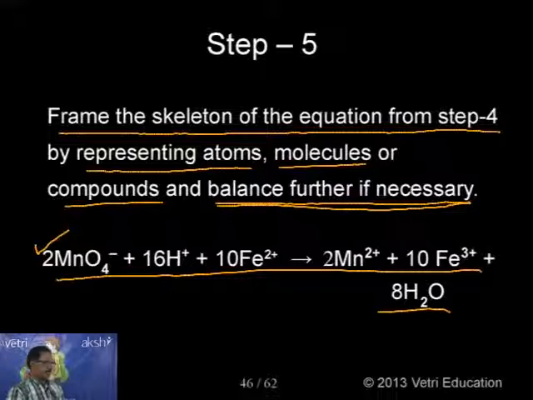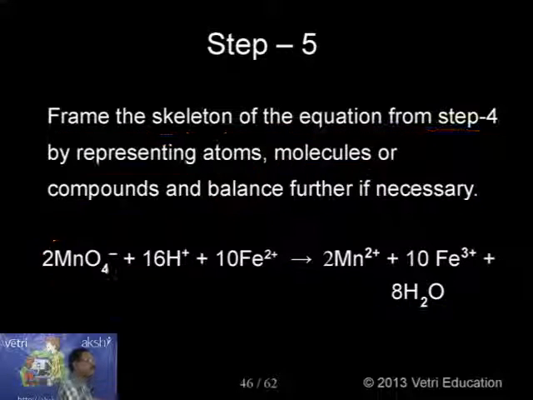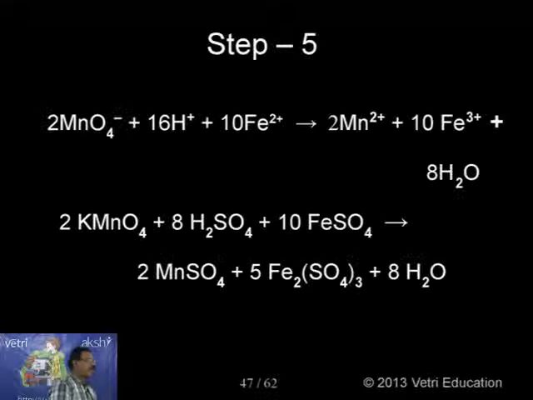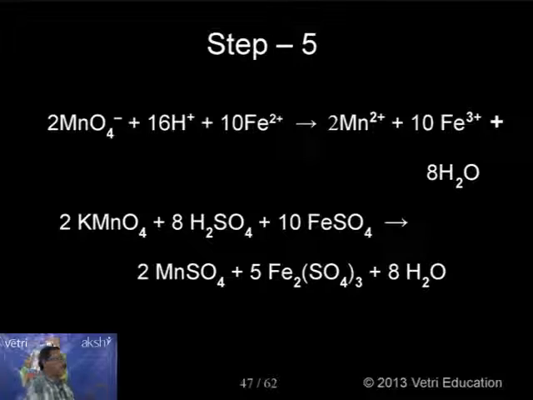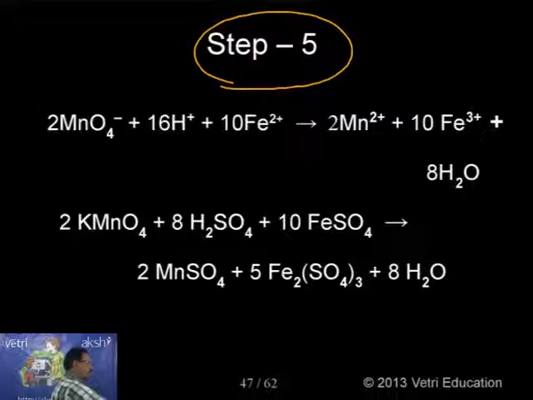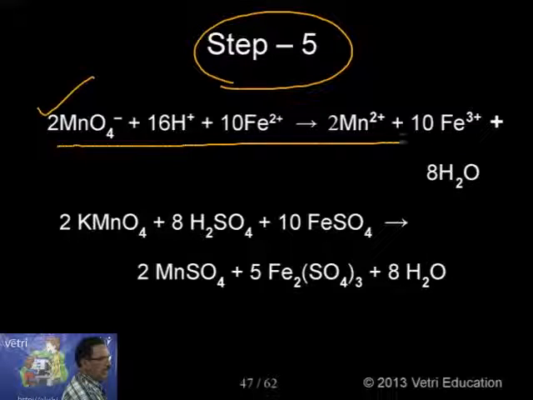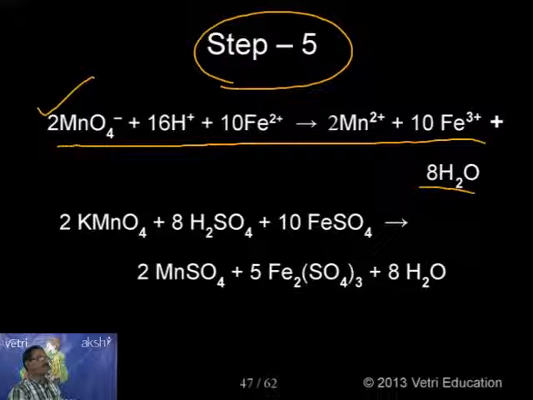Let me explain here. Let me take this same ionic equation, which is the equation I showed previously. Using this ionic equation, I have to represent it in terms of atoms, molecules or compounds.